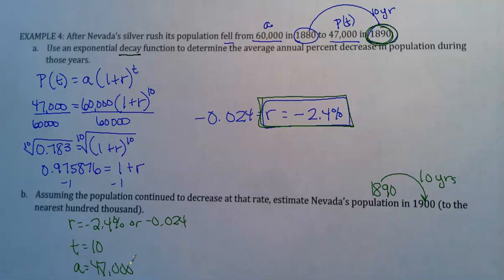All right. So if we're writing this formula, we're going to have P of t, which is 10 this time, so P of 10 equals our initial population, 47,000, times the quantity 1 plus R. Our R is negative 0.024, to the power of 10.